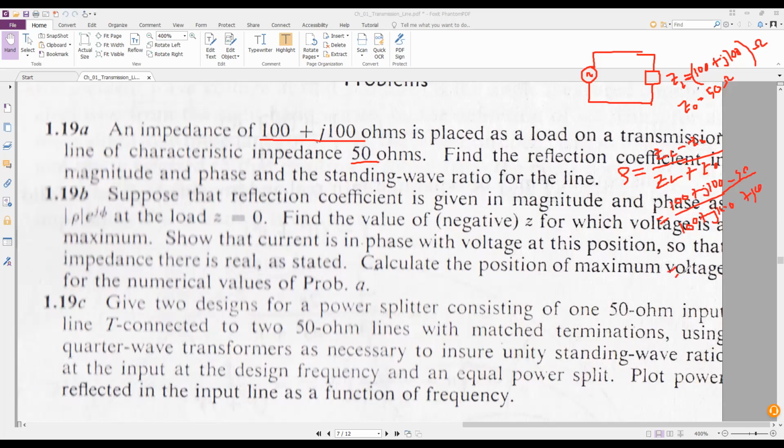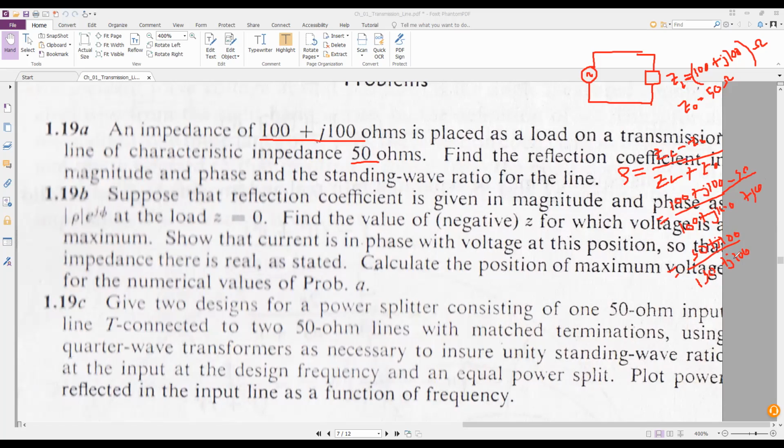So it would be 50 plus J100 divided by 150 plus J100. Now do the calculation.